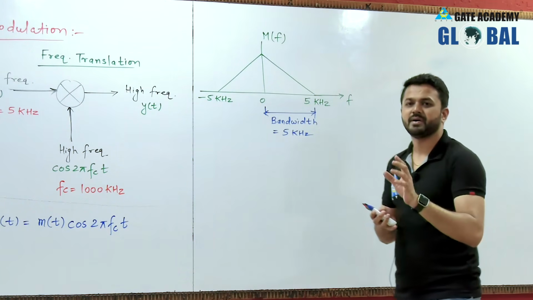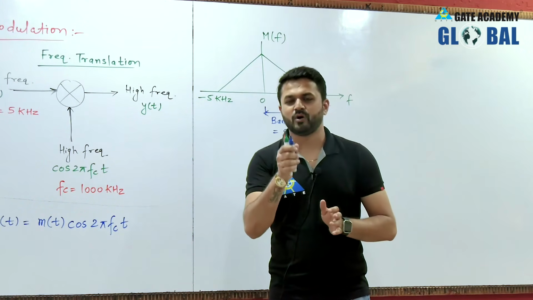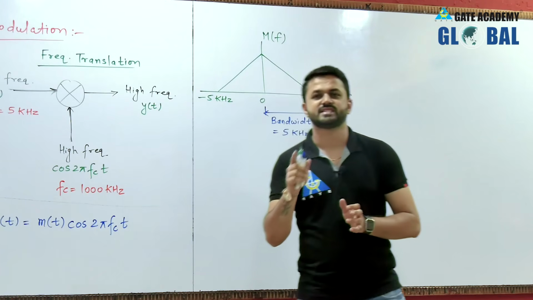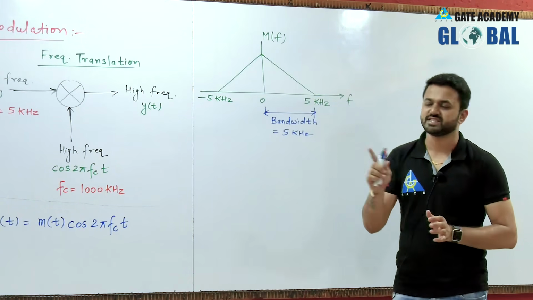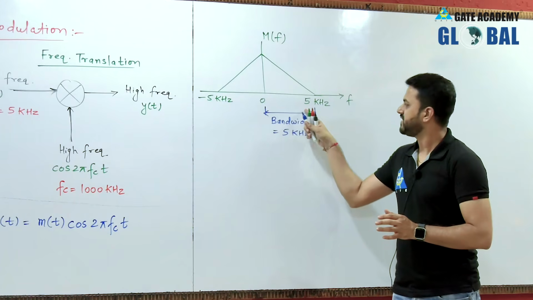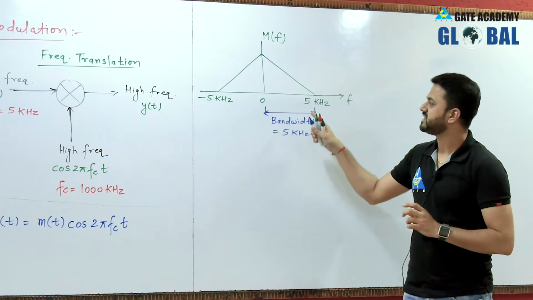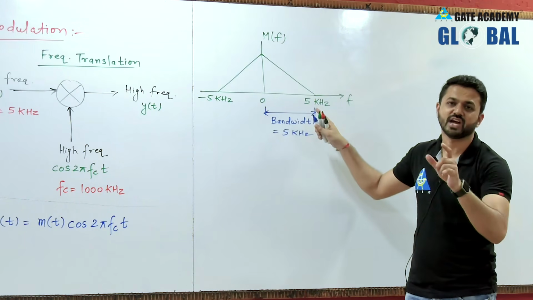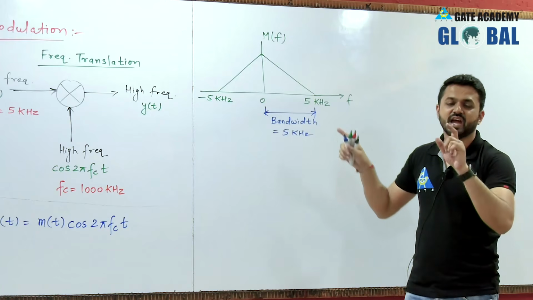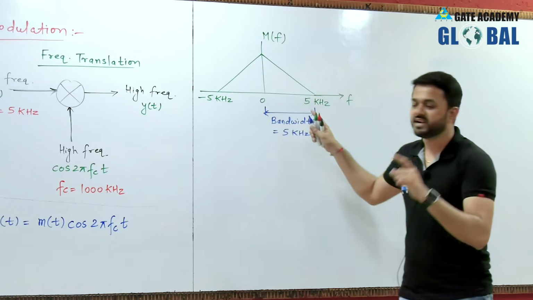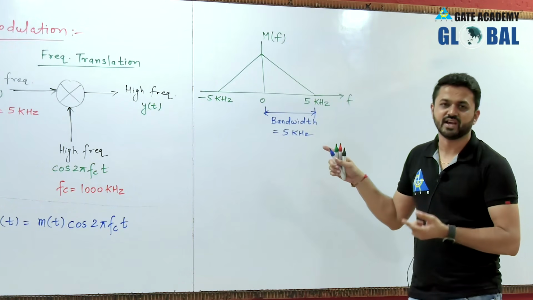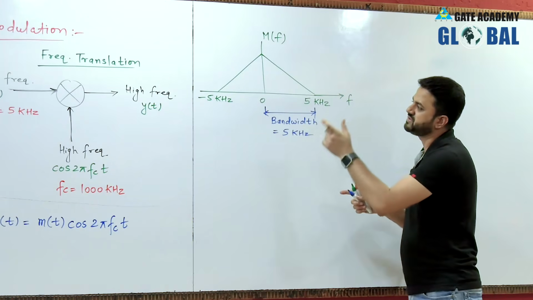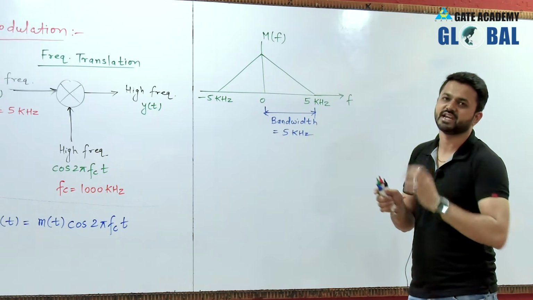You should remember that if we are talking about the bandwidth of a message signal, it means it has the highest frequency component, 5 kilohertz. If we say it has a bandwidth of 5 kilohertz, then it has a maximum frequency of 5 kilohertz, and the spectrum will contain the negative frequency as well, because all spectrums have positive and negative frequency.